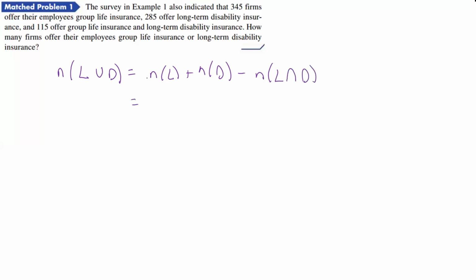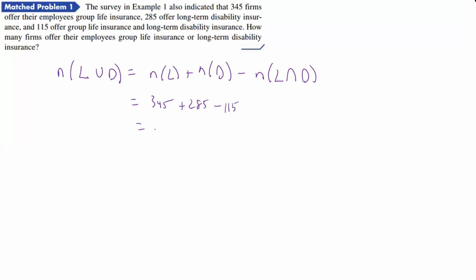Well, how many is in the group life insurance? It's going to be 345. The disability is 285. And we're going to subtract off 115.